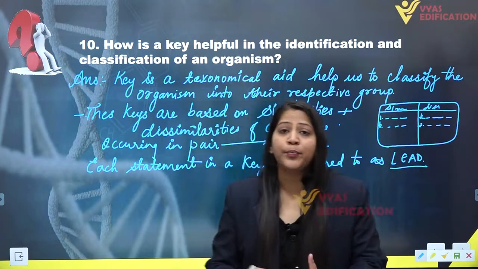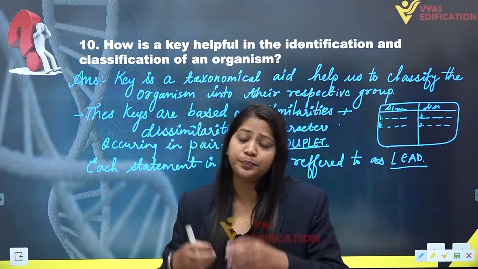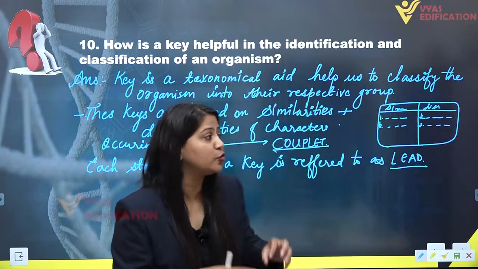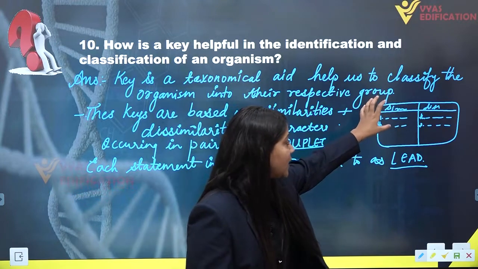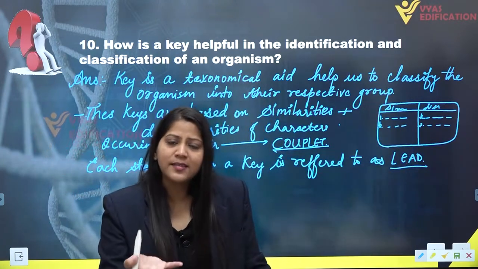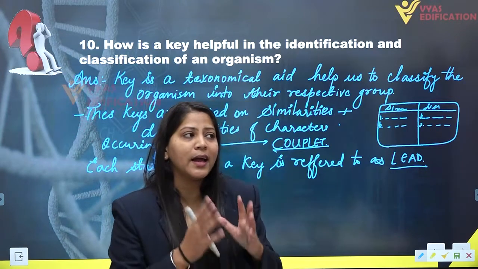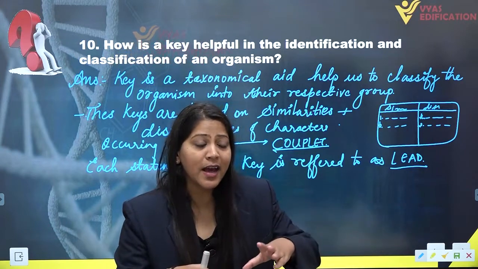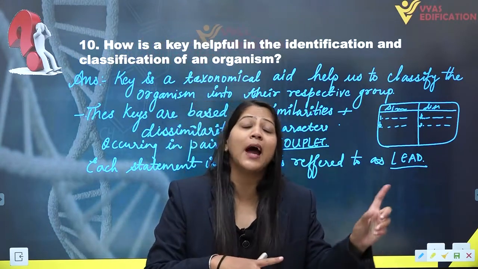Suppose we are discovering any organism, we will see the characters, and we will match those characters with those given in the key as similarities and dissimilarities. We will think, oh, this organism is looking like this, resembling that organism.